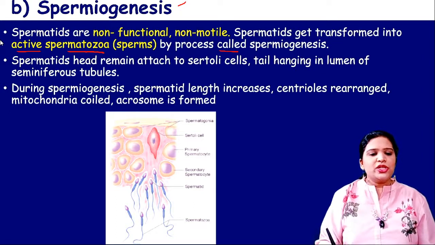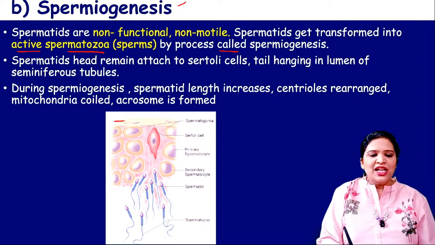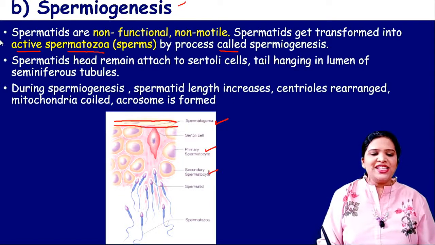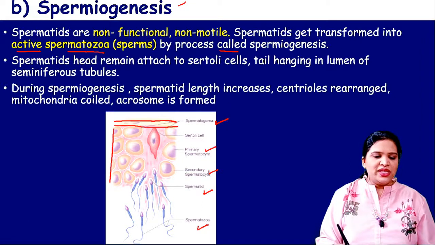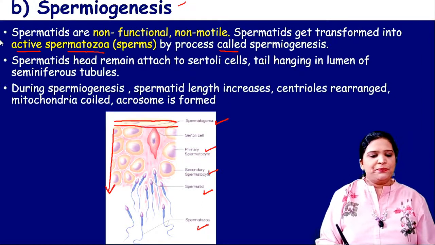So see this picture. In this picture, this structure is the germ cell where the spermatogonia is first produced, and primary spermatocyte followed by secondary spermatocyte, spermatid, and finally spermatozoa. Here the sequence of the cell formation is like this. Okay, and here this red color cell is the nucleus of the Sertoli cells.